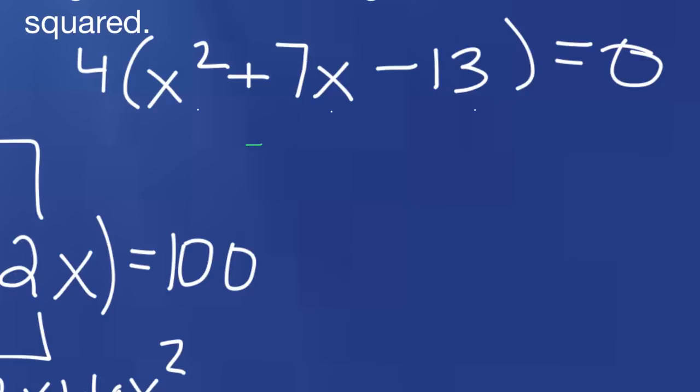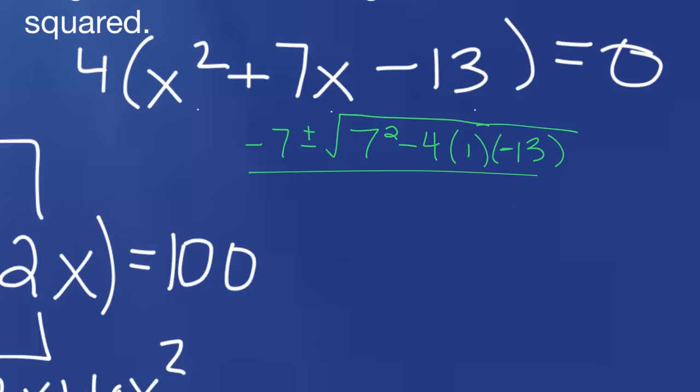We'll have negative b plus or minus the square root of b squared minus 4 times a times c, all over 2a. If you work that on your calculator, you'll get two different answers. To the nearest tenth, one is 1.5, and the other number you should get is negative 8.5.